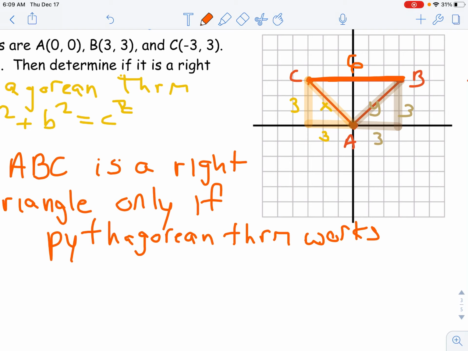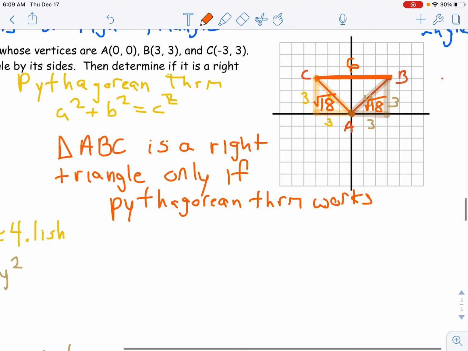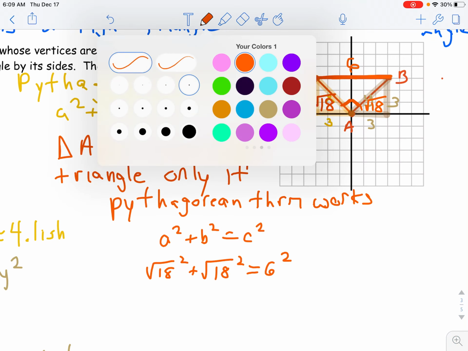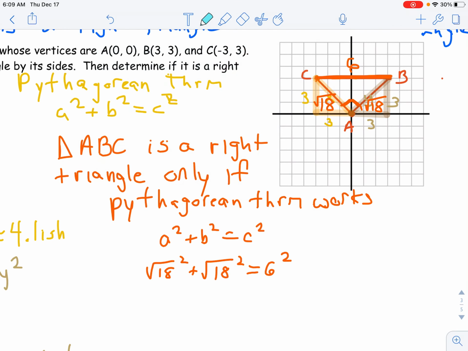So that's 6. And then we have our smaller sides are the square root of 18, which is 4.1-ish. So I'm going to say, well, a squared plus b squared equals c squared. Well, the legs that form the right angle would be square root of 18 squared plus the square root of 18 squared, and c is 6 squared. So if this is true, then it's a right triangle. So if Pythagorean theorem works, it's a right triangle.